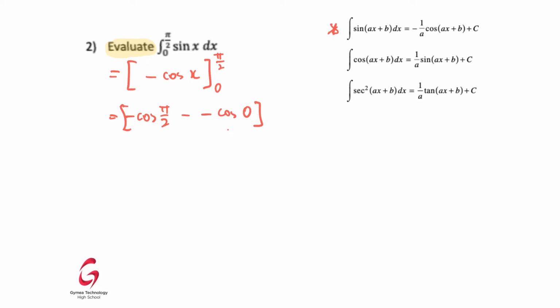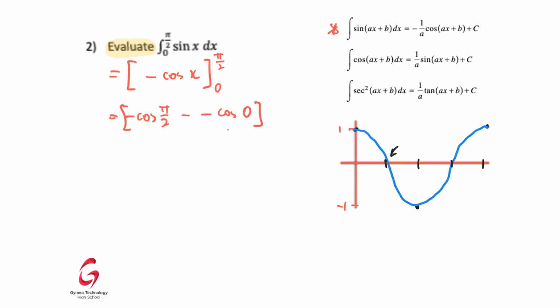There's our substitution phase. To think about what's really happening here, I'm just going to draw my cosine curve, noting these halfway values, this is an important one. It's my pi on 2, and here is my 0.